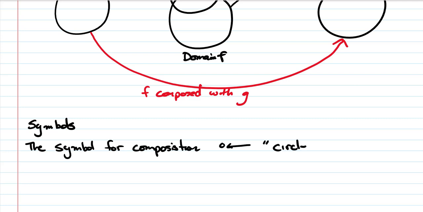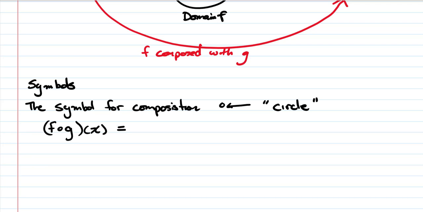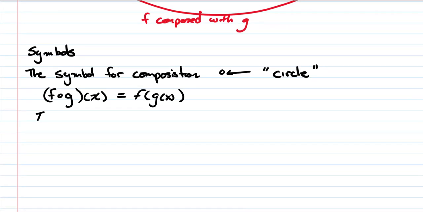And when we see this symbol, we can call it circle. So in symbols, we would write f circle g parentheses x, and this means that we are going to put the function g into the function f as an input.